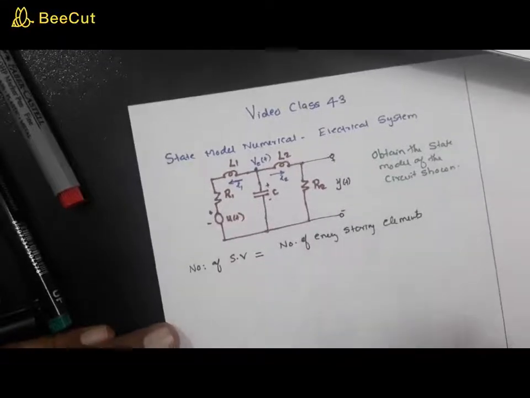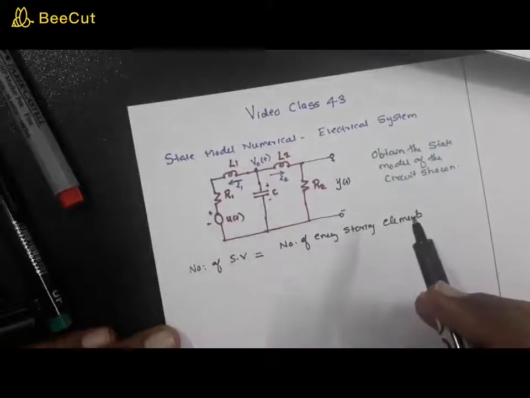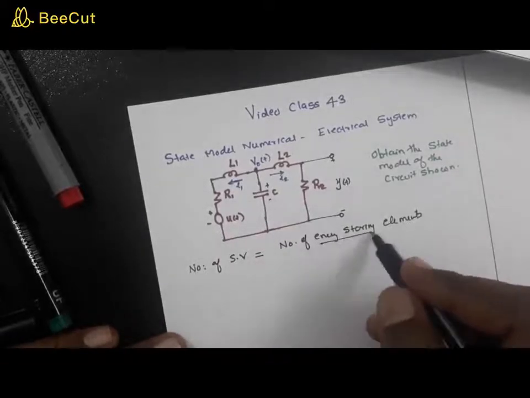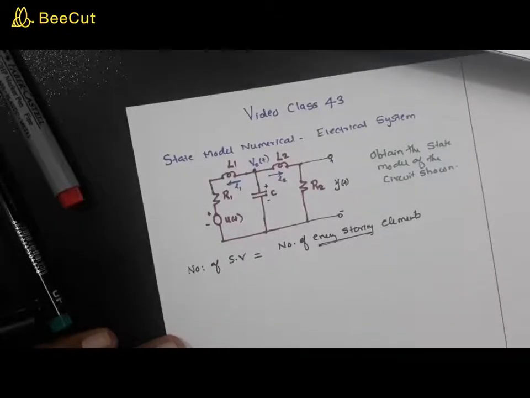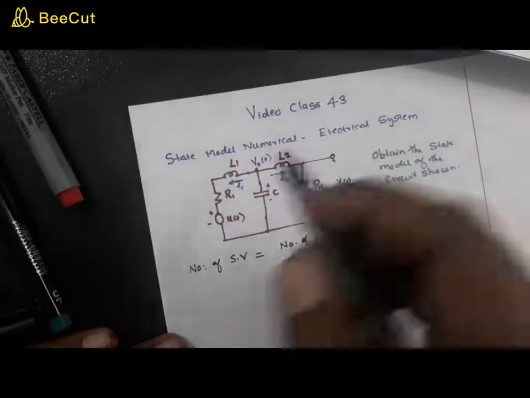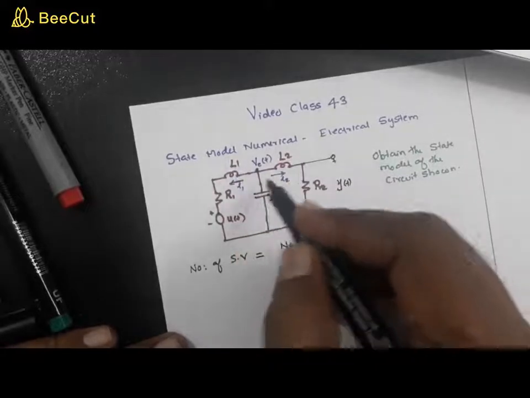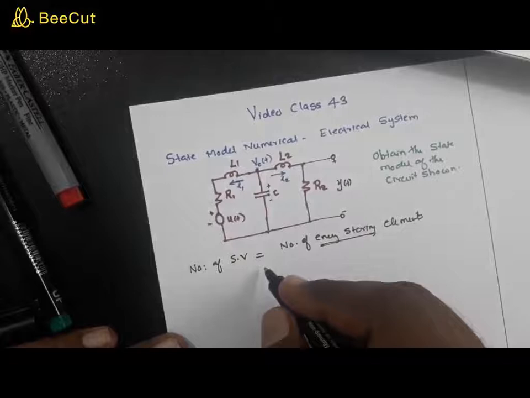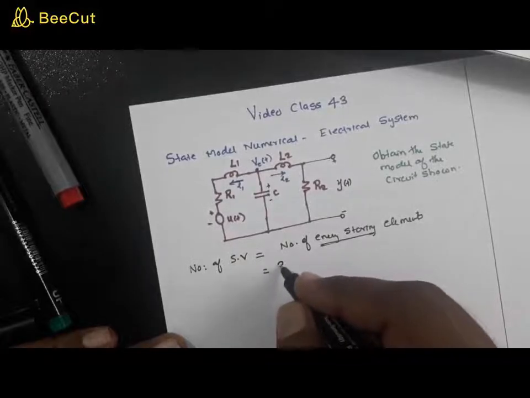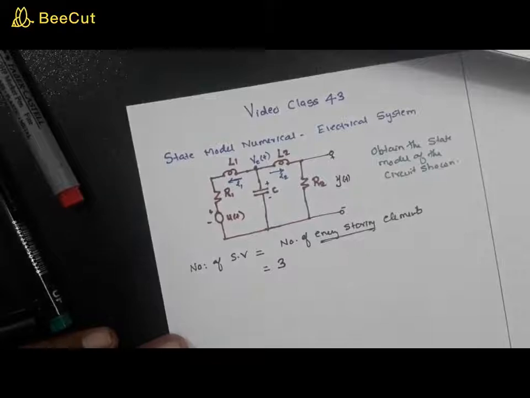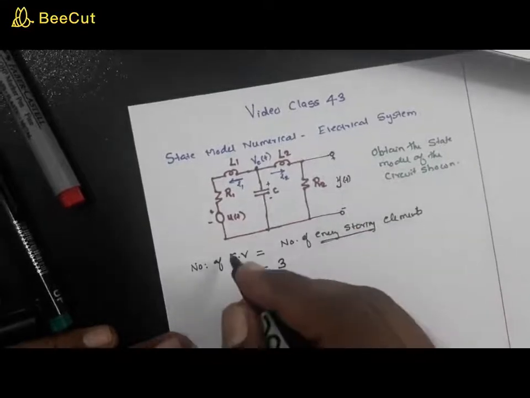So especially when you deal with an electrical system, the first thing you should note is the number of energy storing elements in the system. You can see that there are two inductances and one capacitance, so altogether you have three energy storing elements. That will be equal to the number of state variables.